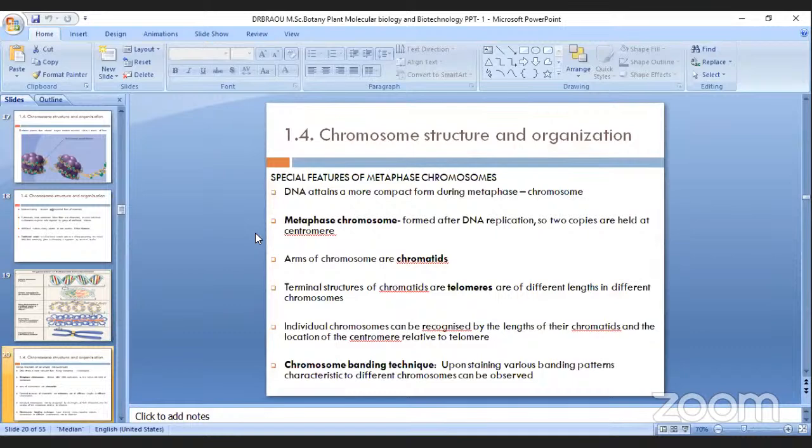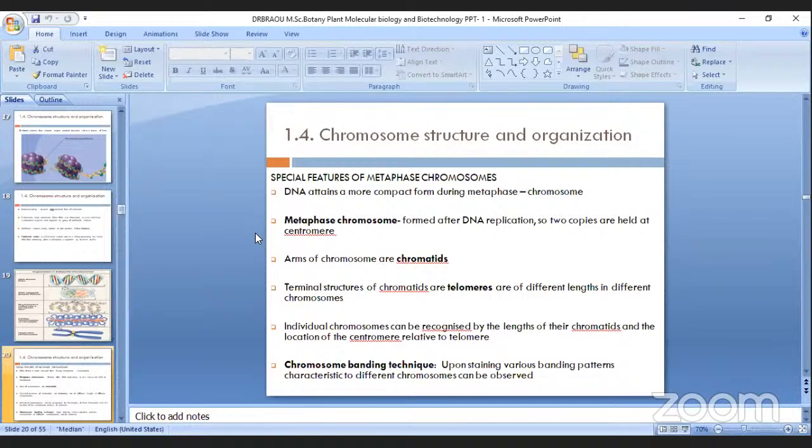So what are the special features of these metaphase chromosomes? Generally, you find chromosomes during the metaphase. After DNA replication, you see 2 copies of the chromatids, which are held together by a centromere. The arms of this chromosome are called chromatids, and 2 of them are called sister chromatids.